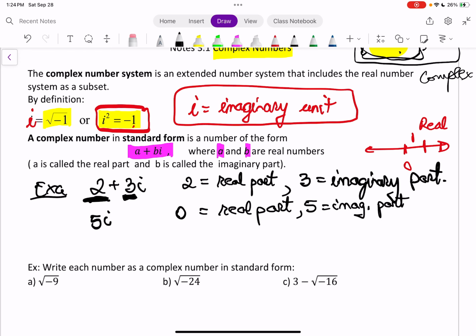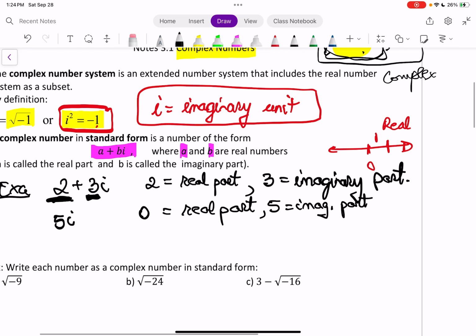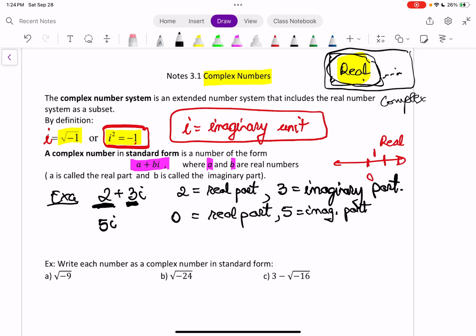We call a number like this that only has imaginary parts and not real parts pure imaginary. And by the same token, the number 4 has 4 real parts and 0 imaginary parts.